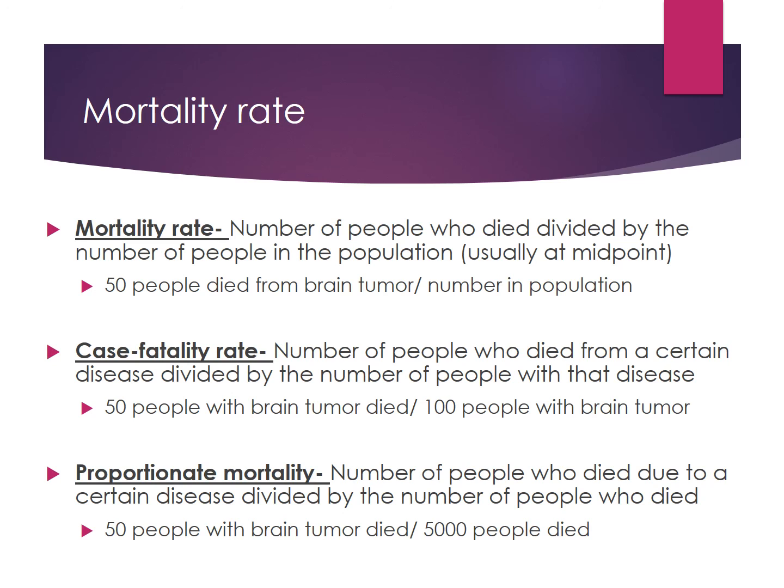And so now the denominator is all of the people who died, and in the numerator we have the number of people who died of a certain condition. And so these three rates are very different, but they all deal with mortality. It's very important that you can distinguish the three because they're very different.